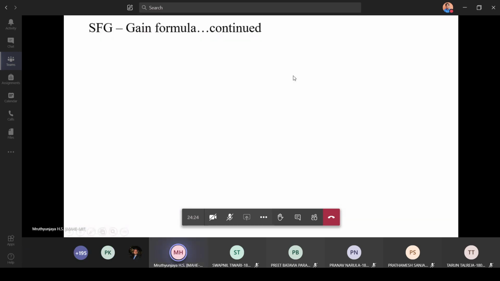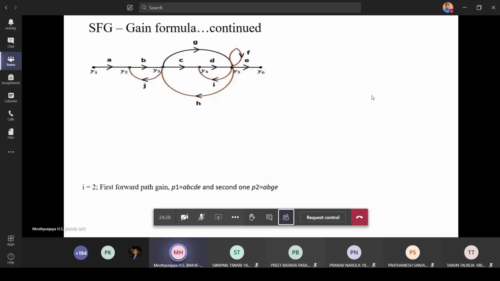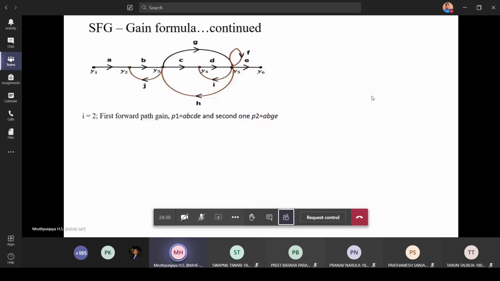Yeah, there was a network issue. So, number of loops. The loop gains are BJ, that is the first loop.